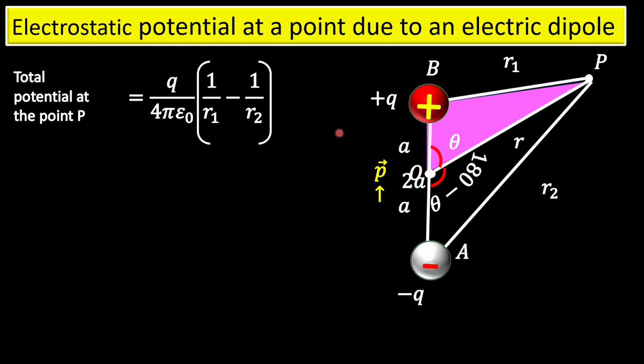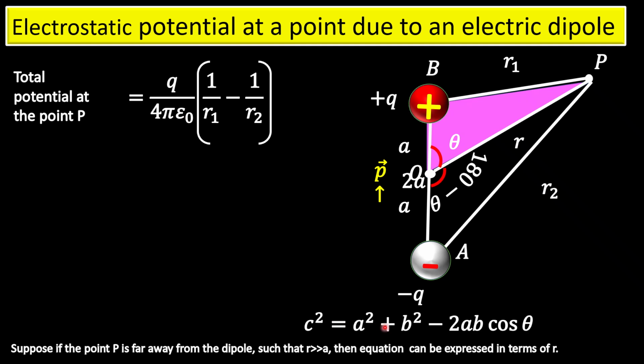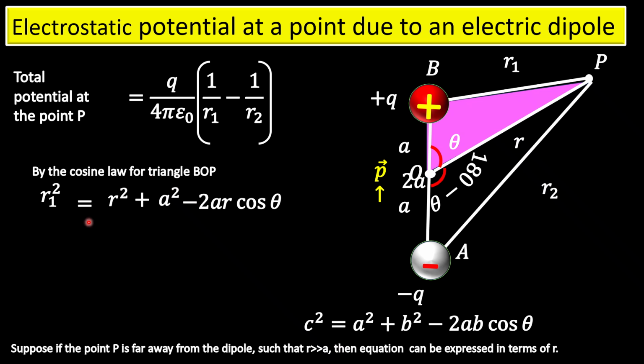More or less, the cosine law and parallelogram vector addition formulas are the same. The cosine law says c square equals a square plus b square minus 2ab cos theta, where c is the unknown side of the triangle, a and b are known sides of the triangle, and theta is the angle between the known sides. So in this triangle BOP, we can use the cosine law to find r1. So r1 square is equal to r square plus a square minus 2ar cos theta.